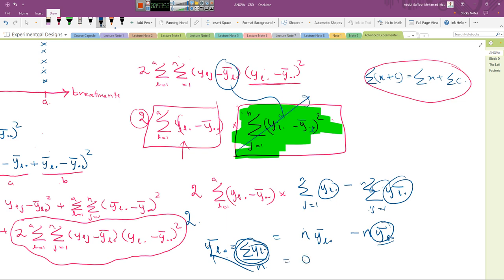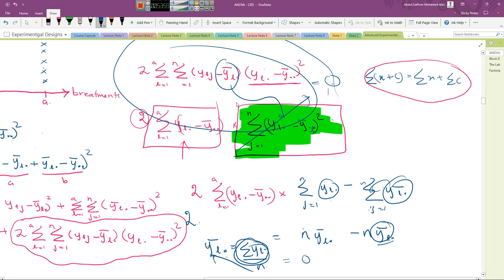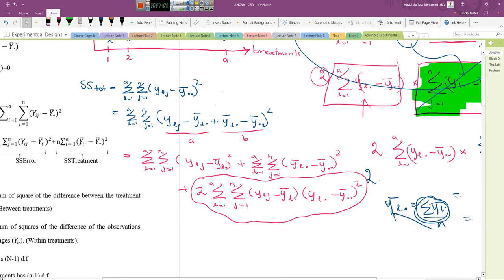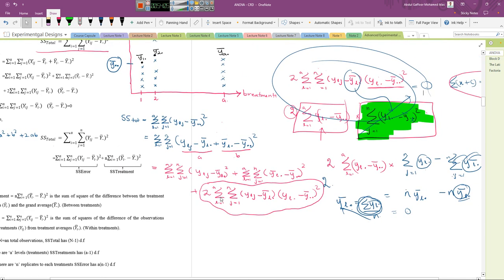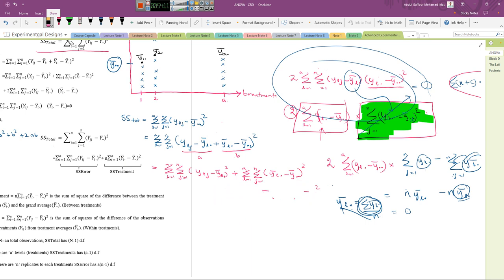If this is equal to 0, the entire expression is equal to 0, right? So I can just eliminate this; I don't want to write it down because that becomes 0. I have proved that separately.